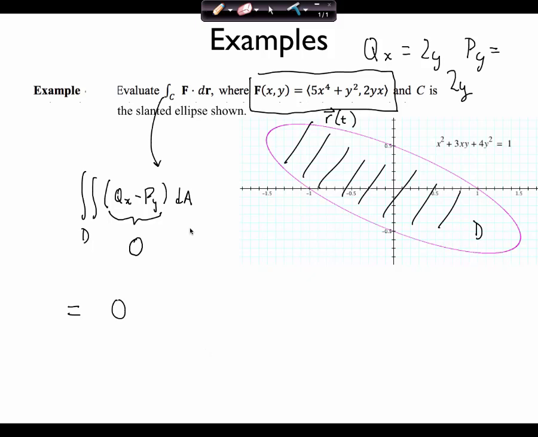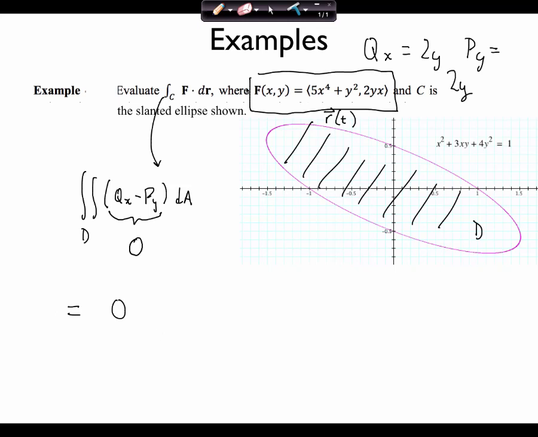So it works for conservative vector fields, but it's the trivial case. Green's theorem is more interesting in non-conservative vector fields. In conservative vector fields, poof, everything's 0, and so it's kind of like, so what? It's more useful and non-trivial in non-conservative vector fields.